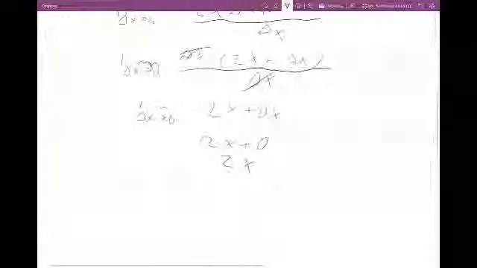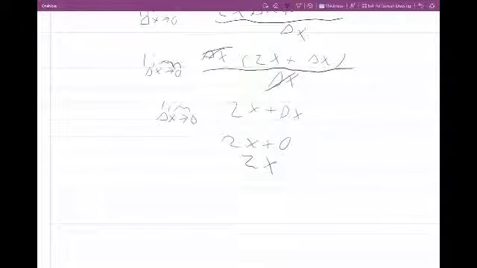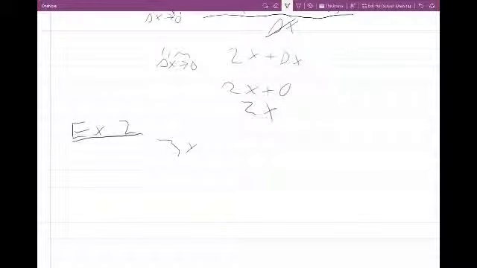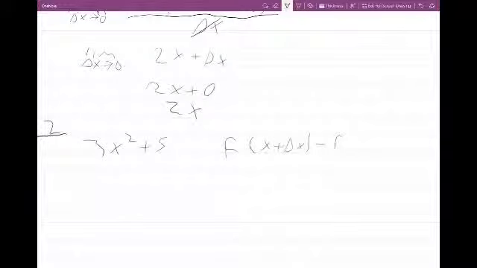Now we're going to do an example problem together so you can understand it. So example 2, let's do 3x squared plus 5, and you want to find the derivative of that using the definition of a derivative, which is f of x plus delta x minus f of x, over delta x.